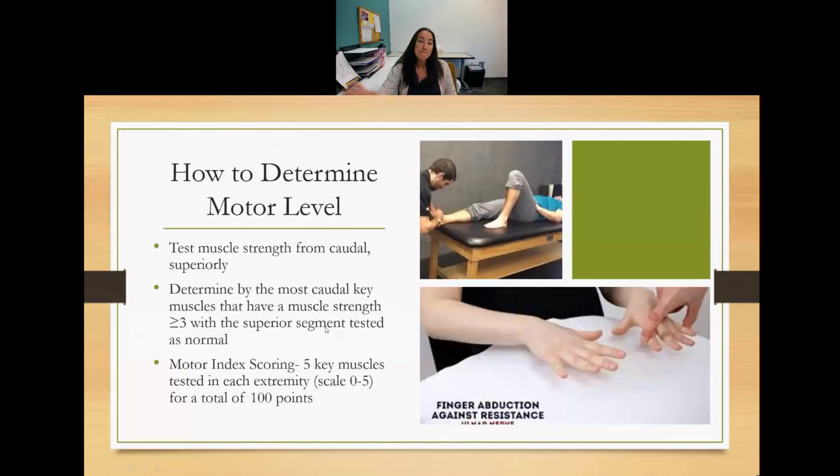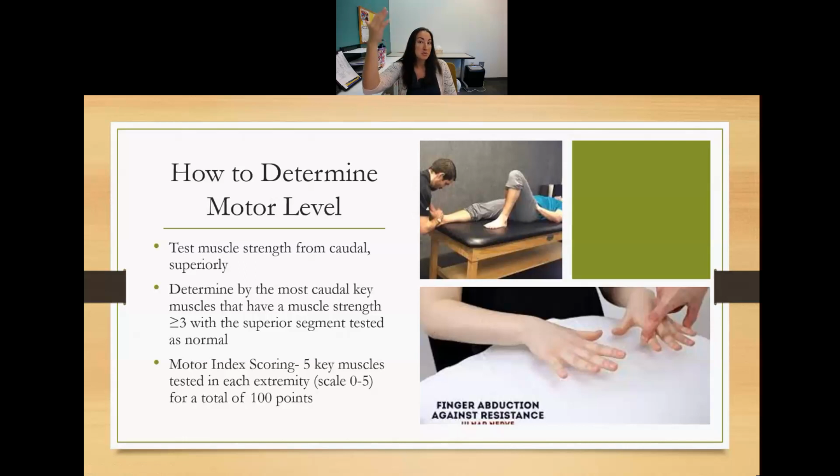Okay, how to determine motor level. So we do manual muscle testing. We test from caudal, but up, superiorly. So we would start at the bottom, work our way up, and it's determined by the most caudal key muscles that have a muscle strength greater than 3, and then all the muscles above it being normal.